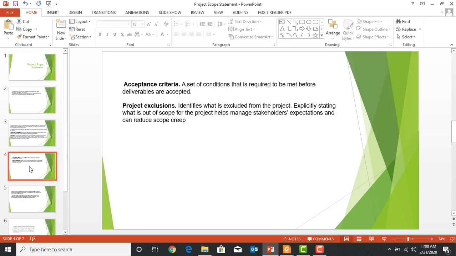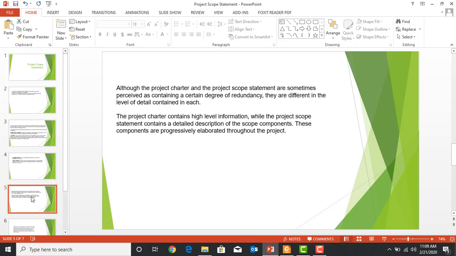So when we define the scope, we always say that we want to know what is included in the project and what is not included. So what are the deliverables that we are going to work on, and what is excluded from the project. So I hope that makes sense.